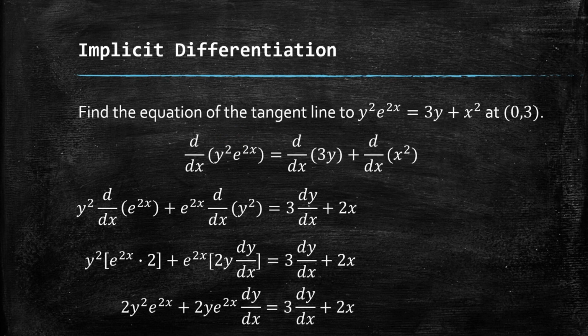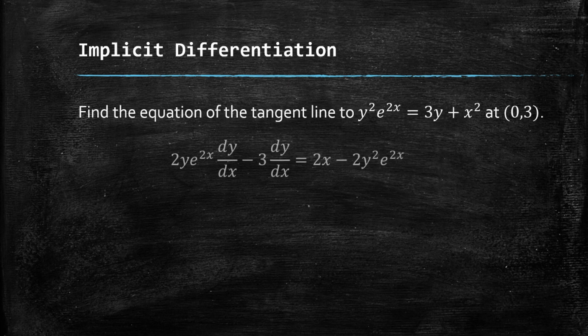To simplify further, we rearrange. So we have 2y squared e to the power of 2x plus 2y e to the power of 2x dy/dx equals 3 dy/dx plus 2x. Our goal is to have dy/dx at the left side, and all of the other terms will be found at the right side of the equation. So we have this.